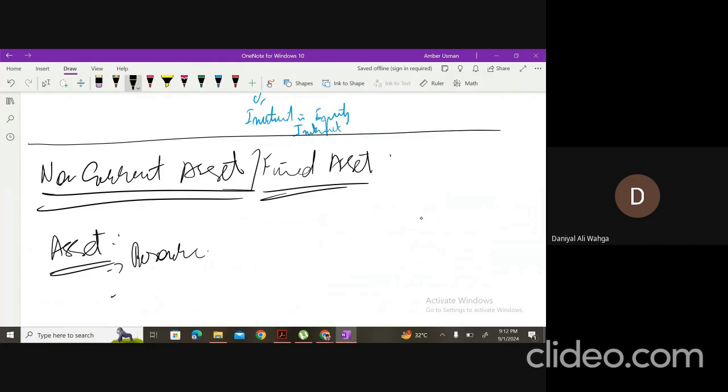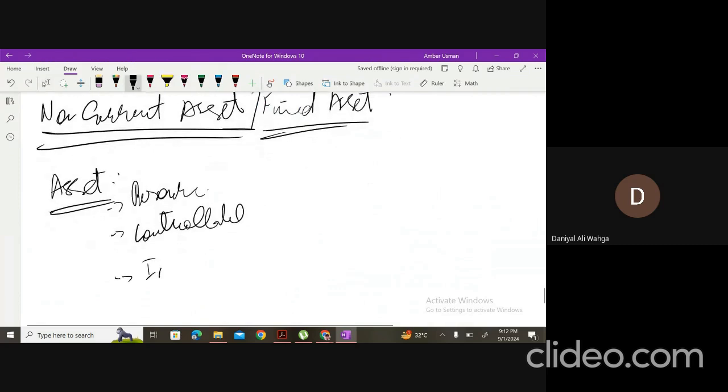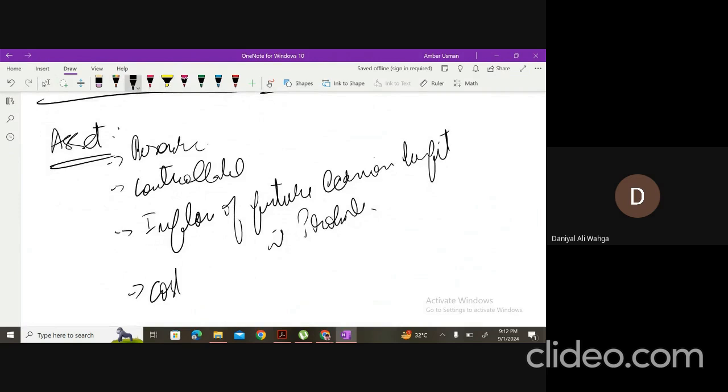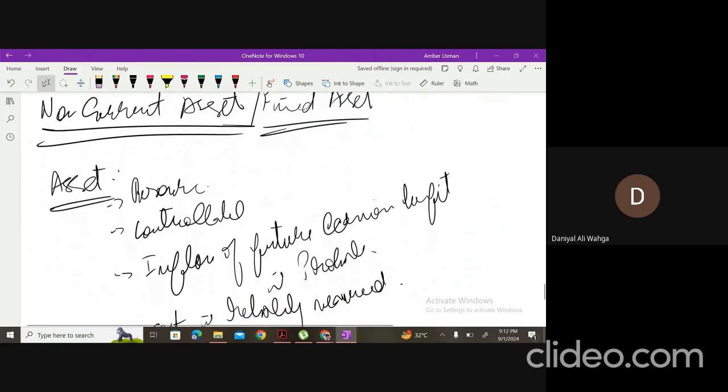An asset is a resource which is controllable, from which inflow of future economic benefit is probable and cost is reliably measurable. Okay, so this is an asset.